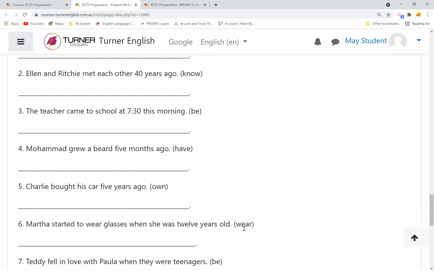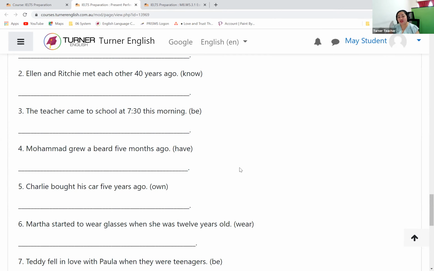Okay, so I have to change the have to has, I think. Yeah, has grown. Sorry, Muhammad has had a beard.